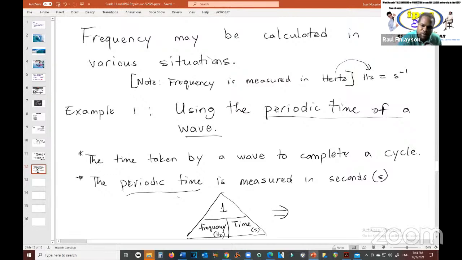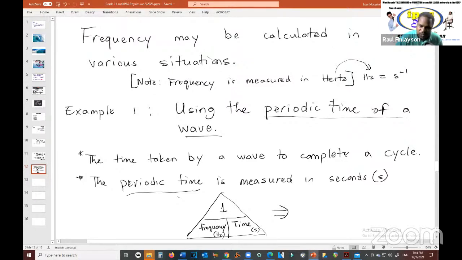You more want to know the frequency. And so for a real life application, it's frequency we use. But in case CXC asks you a question about periodic time, then you know this is the formula you use. So when you get the frequency of a wave, basically you just invert it or put 1 over it and you get the periodic time. So that's why we use this triangle here.